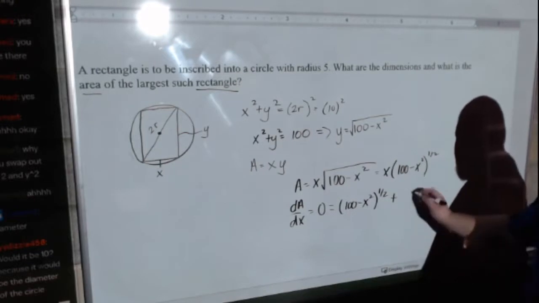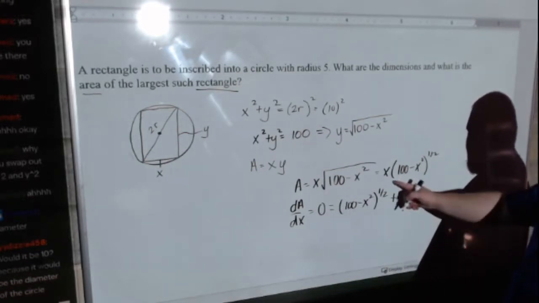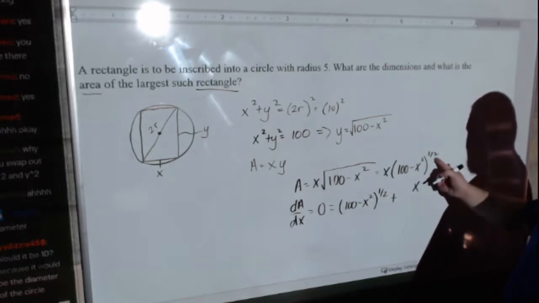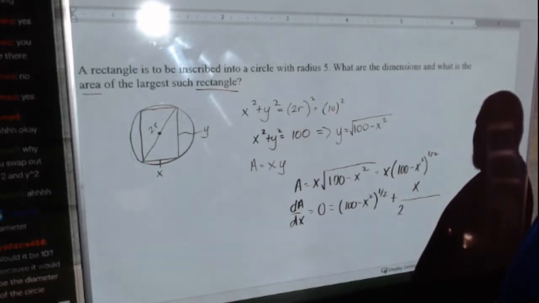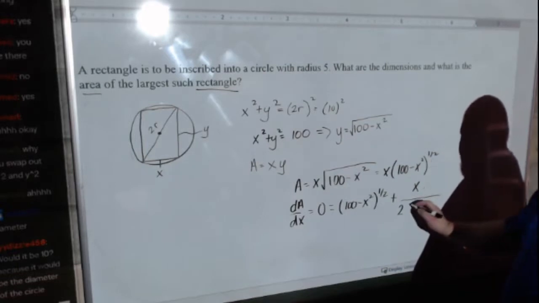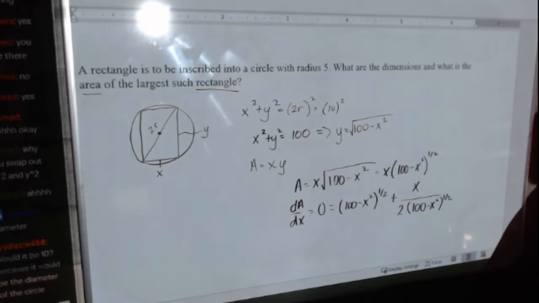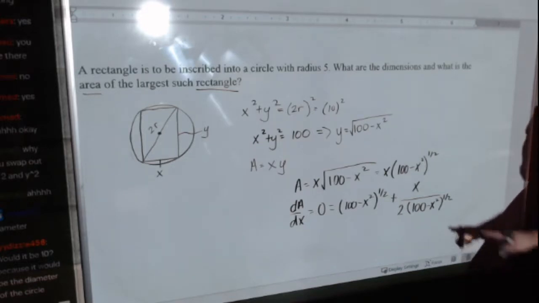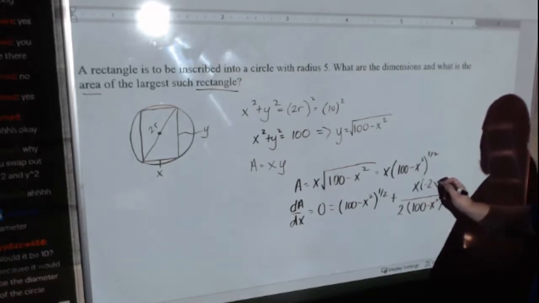Plus, leave the x alone. Derivative of this to the 1/2 power, you bring a 1/2 down. So we know there's a 2 here. This becomes to the minus 1/2, or in the denominator, to the positive 1/2. And then we need the derivative of the inside, which is minus 2x.